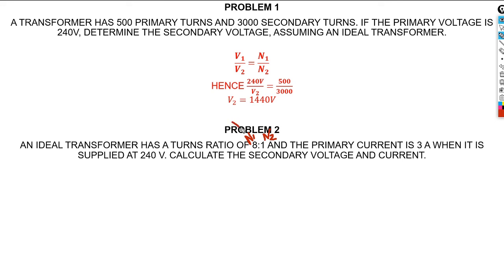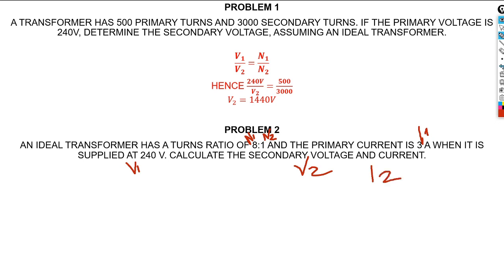It's a turn ratio basically, so we're just going to keep on saying N1 and N2. The primary current is 3 amperes, which means our I1 is 3 amperes, when V1 is 240 volts. Then they ask us to calculate the secondary voltage, which is V2, and our I2.